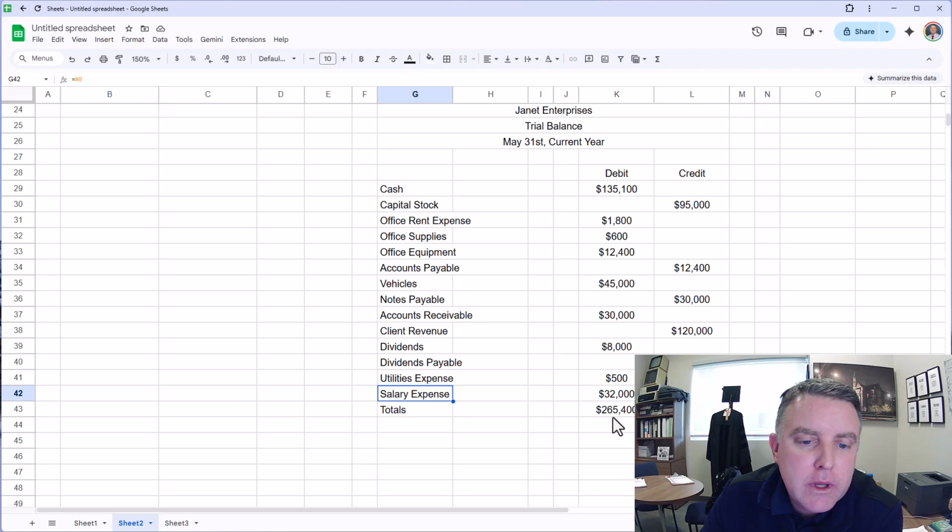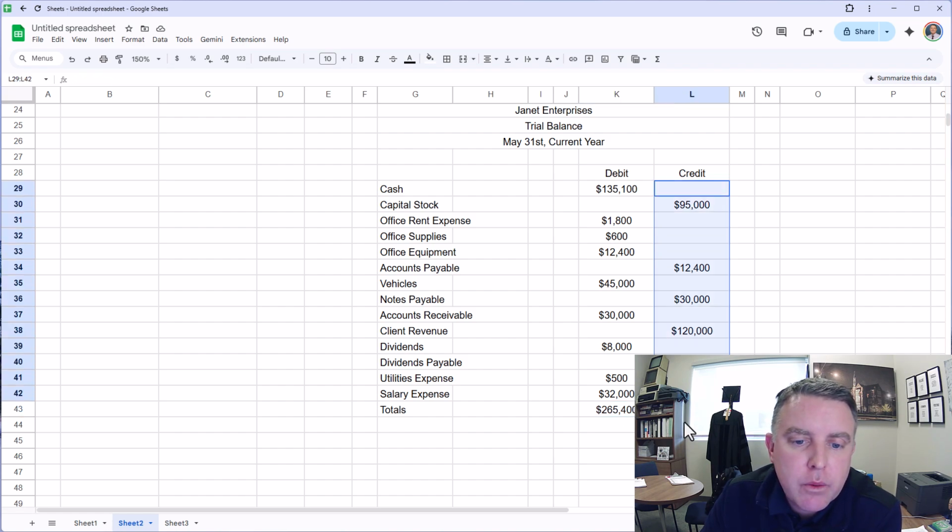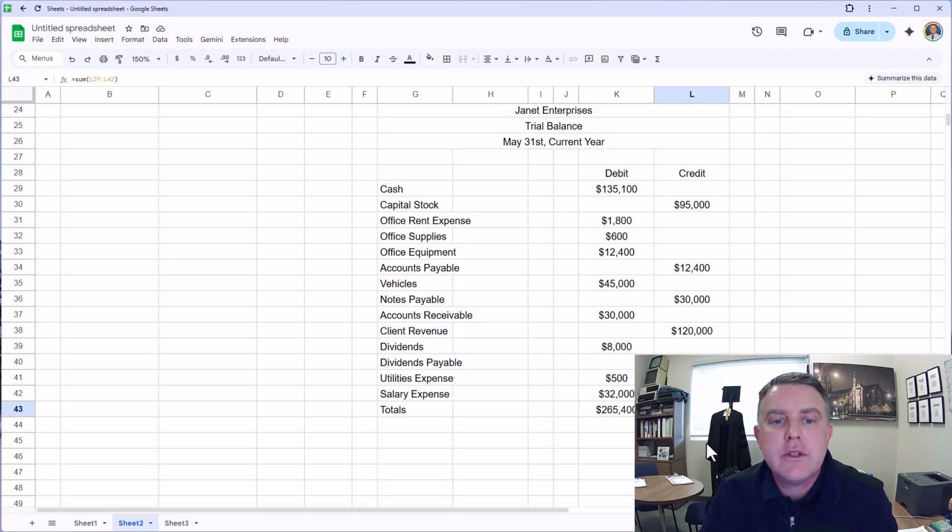And then once we're all done, we total up all of the debits that we've made. So total up all these, we get $265,400. And we total up all the credits, and we also get $265,400. And they equal each other, and the reason that they do is because we're using the balance sheet equation, which says that assets have to equal liabilities plus equity.